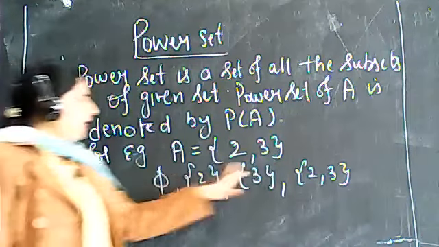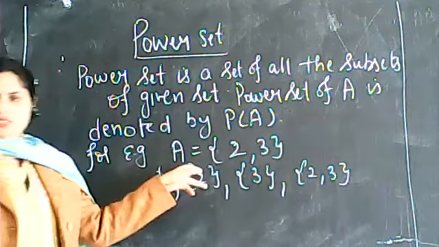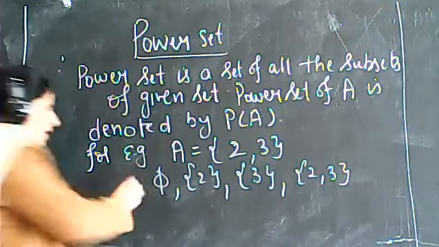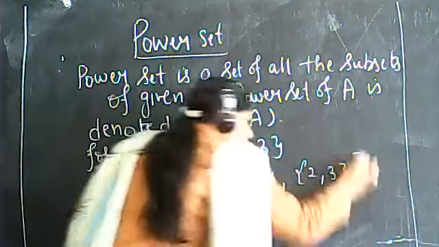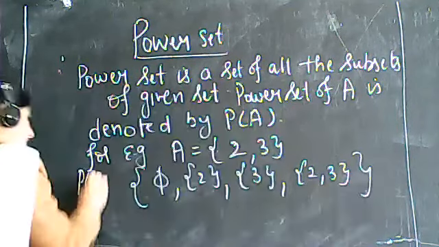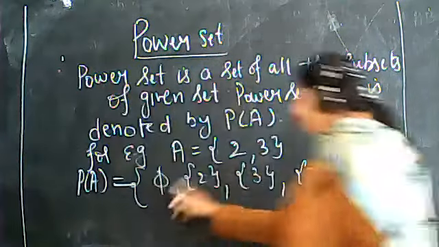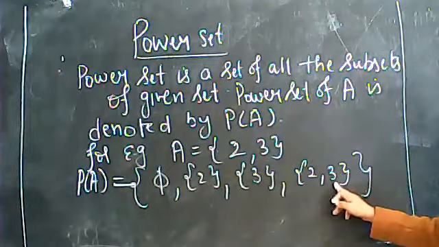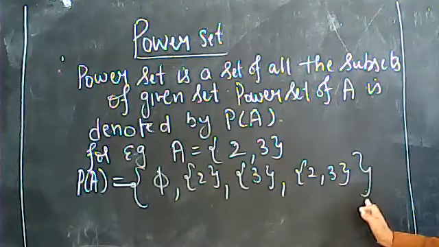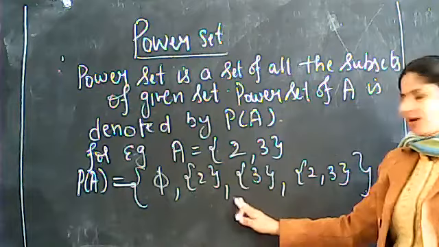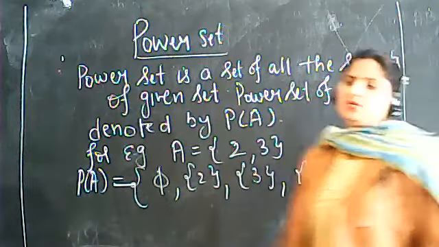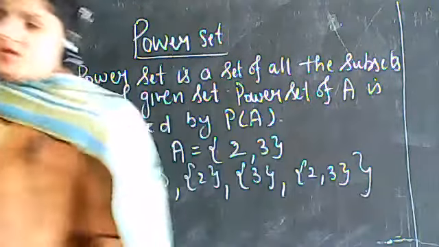So these are the 4 subsets of the given set. When we write down all these subsets in the form of curly brackets separated by commas, that is, in the form of a set, then it is known as the power set of the given set.